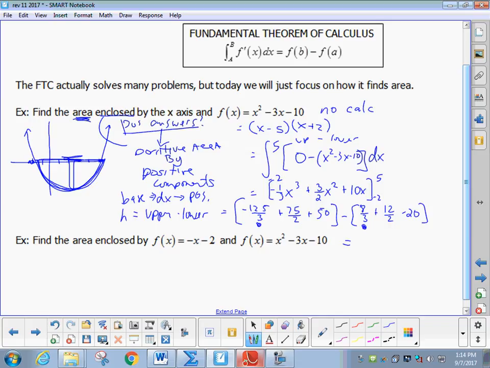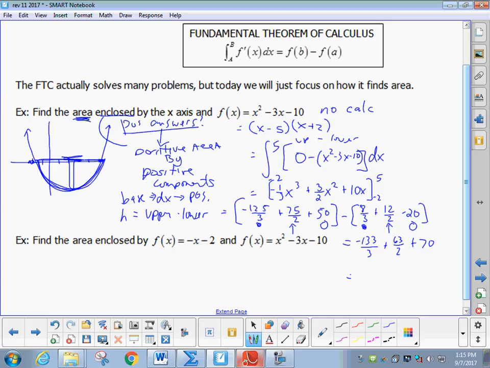What's -125 thirds minus 8 thirds? -133 thirds. Likewise, these two have a common denominator built in. 75 halves minus 12 halves is 63 halves. And 50 minus -20 is 70.